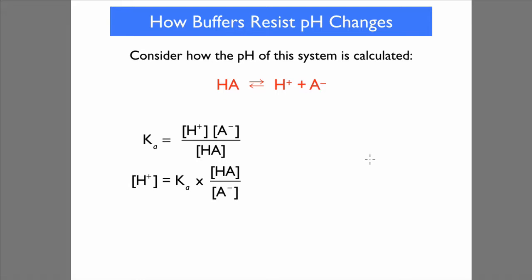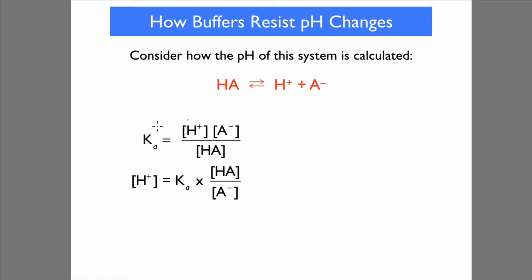Let's consider how the pH of the system is calculated. Well, we've got this basic equation here. We've got the molecule undissociated and its dissociated ions in equilibrium. So the equilibrium constant is the concentration of the products over the concentration of the reactant.